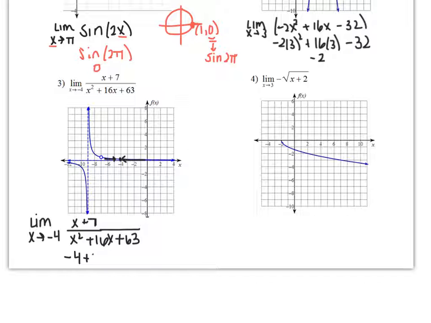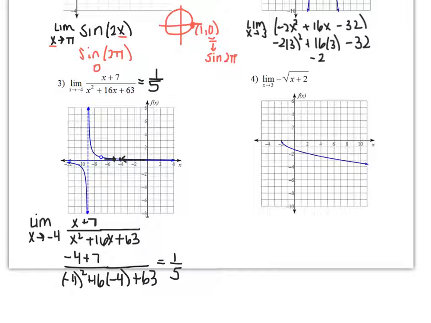So negative 4 plus 7, over negative 4 squared plus 16 times negative 4 plus 63. Take a minute, type this into the calculator, and reduce it into a smallest fraction, and then hit resume when you're ready. Okay, your answer should be 1/5. So our limit as x approaches negative 4 should give us 1/5.